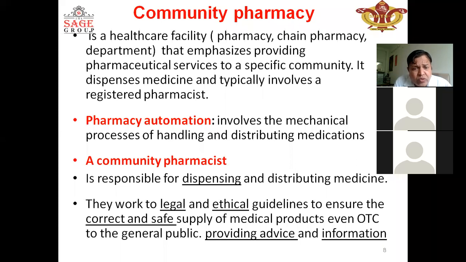They work to legal and ethical guidelines to ensure the correct medication and safe supply of medical products, even OTC, to the general public. Pharmacists also provide advice and information regarding the drug. That is a part of community pharmacy, and pharmacists do this job on a daily basis.